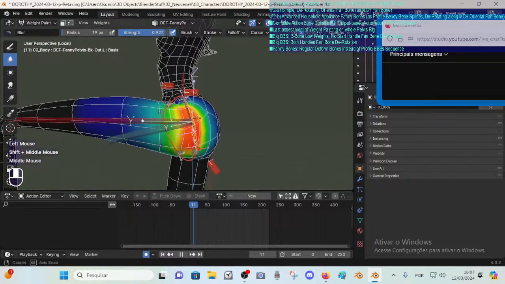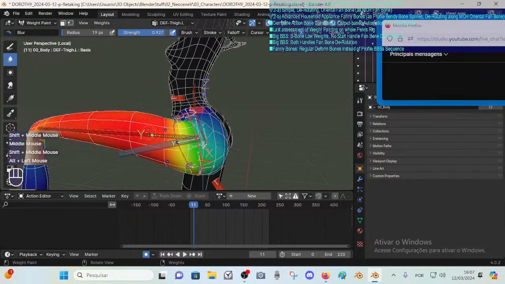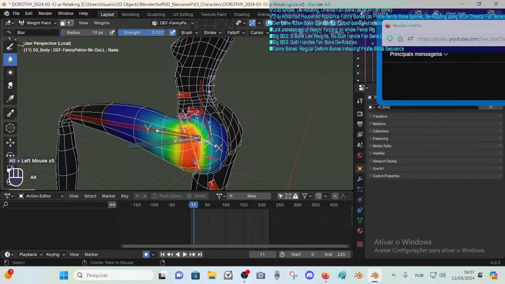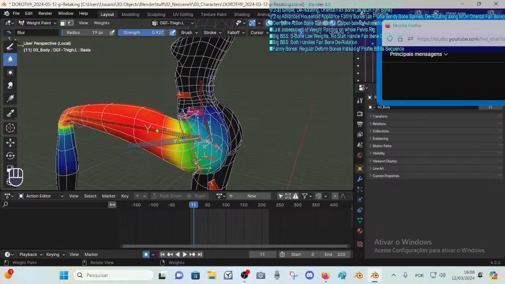So the idea would be to have the thigh weights copied to all these bendy bones, and then from this copied version start taking off all weights.